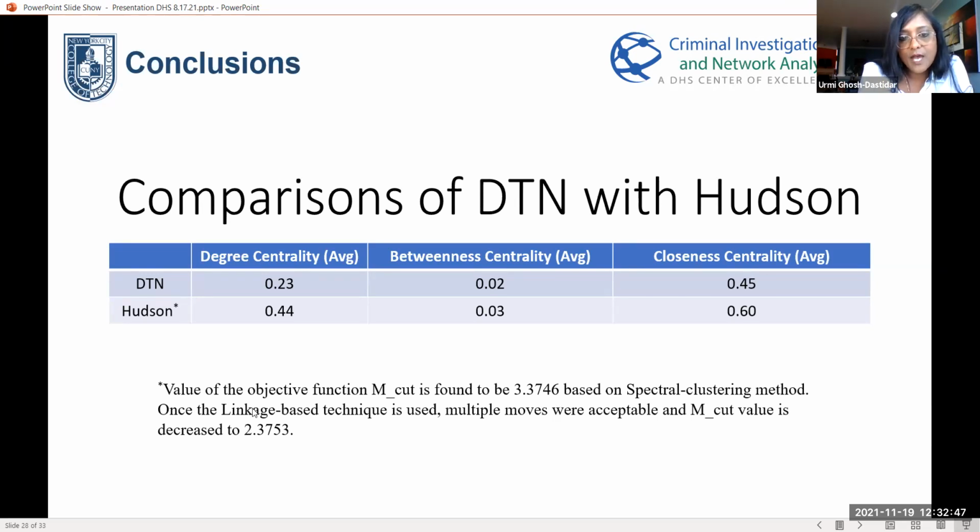Then we used linkage-based refinement techniques, several times, and multiple moves were acceptable, and the MCUT value decreased to 2.3753 from 3.3746. So we still have to do more research on whether the combination method will be more applicable to the higher density network than the lower density network.